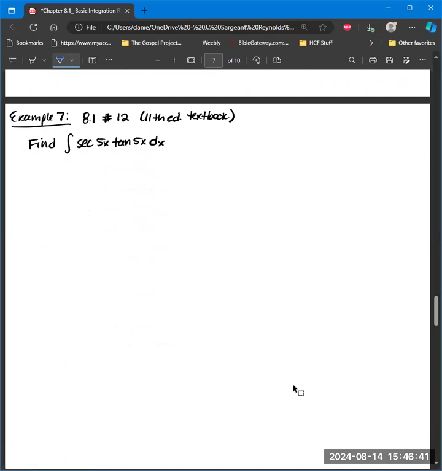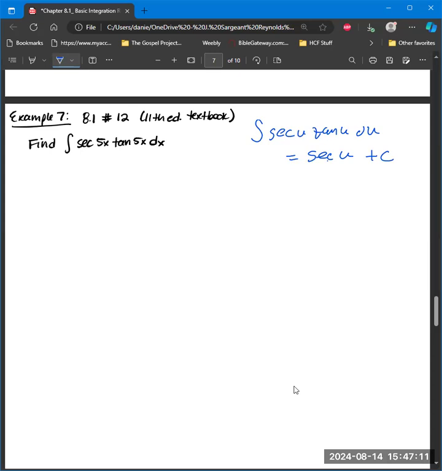This is like a problem in the textbook. It may not be exactly yours. It's in the textbook right now, but use the fact that the integral of secant u tangent u du is going to be equal to secant u plus c, because the derivative of secant is secant tangent.